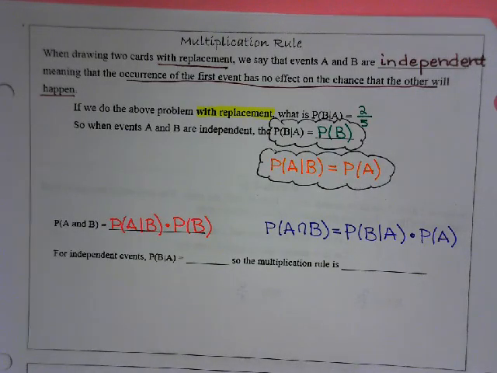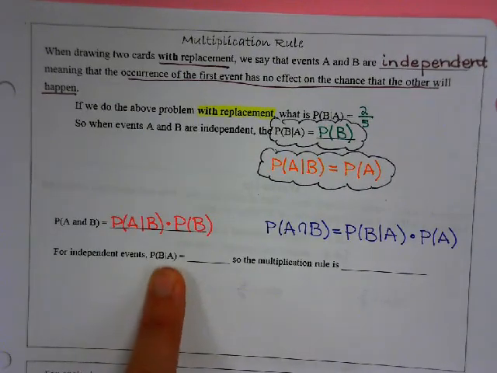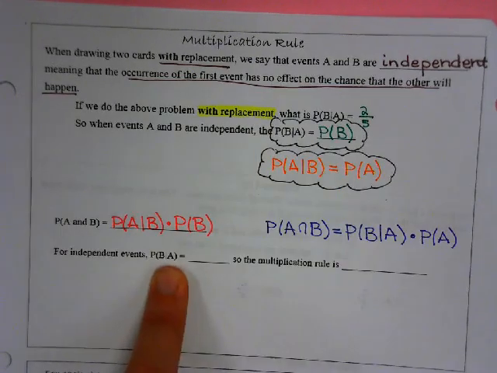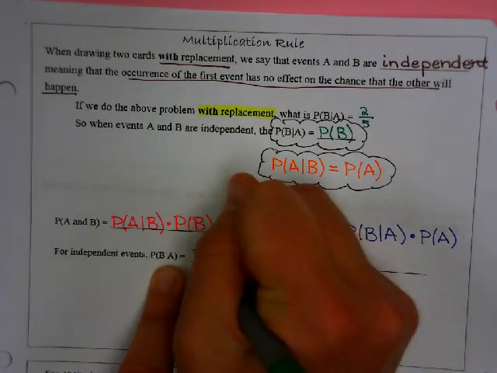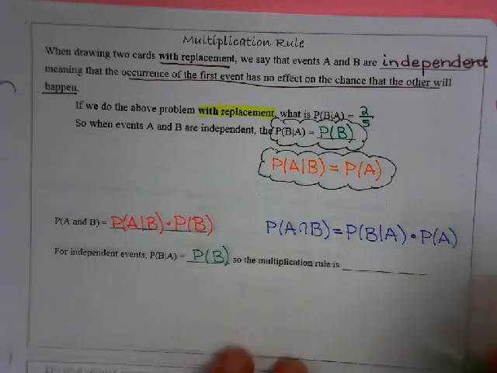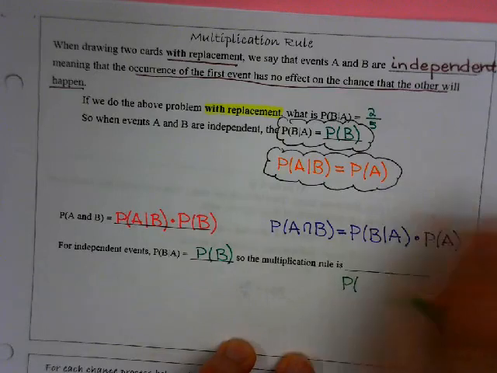Well, now, if two events are independent, the probability of B happening given A happened really is just the probability of B. So our multiplication rule gets simplified. And it becomes, I can't fit it on that line. I don't know why I made that line.